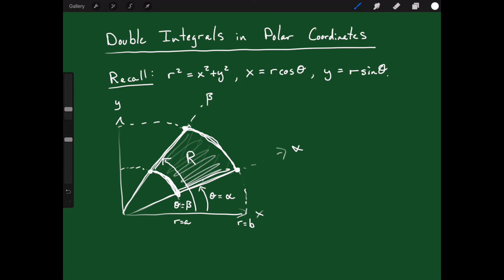Let me write this down as a definition. This region R is a polar rectangle.